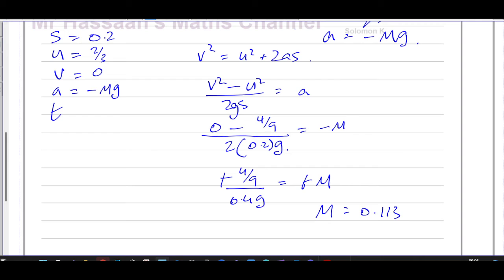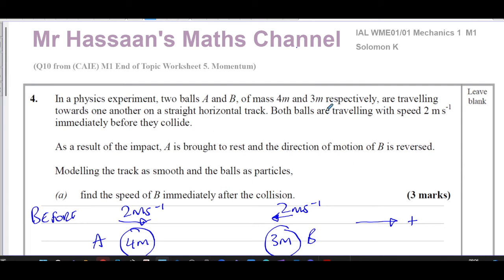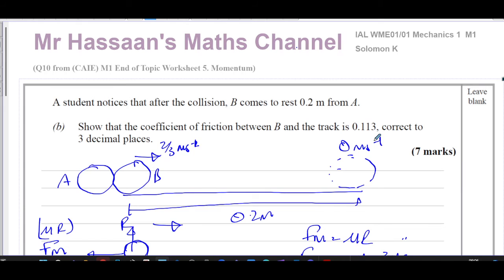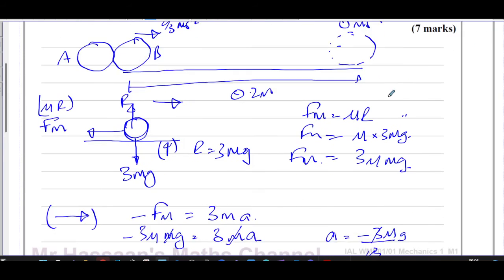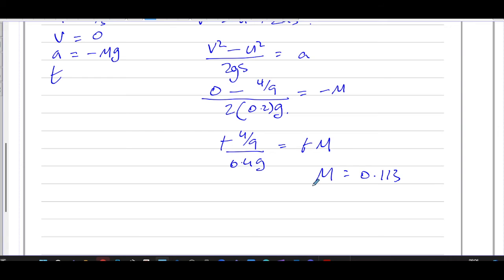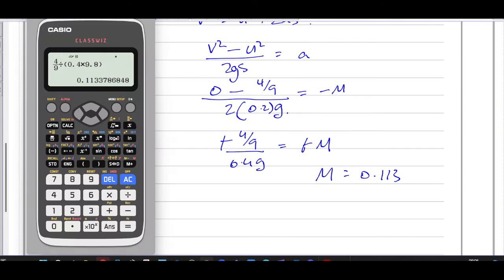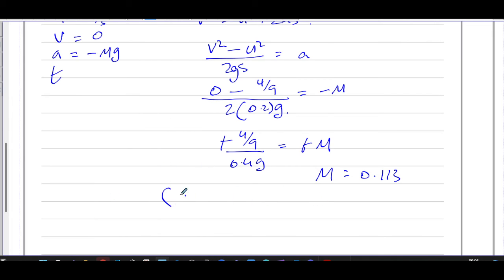But in the question I gave to my students, I modified it so the answer comes out as 0.111, because if you use g as 10, as you have to do in Cambridge, then mu is going to be 1 over 9, which is 0.111 to 3 significant figures. And there we have the answer to this question.